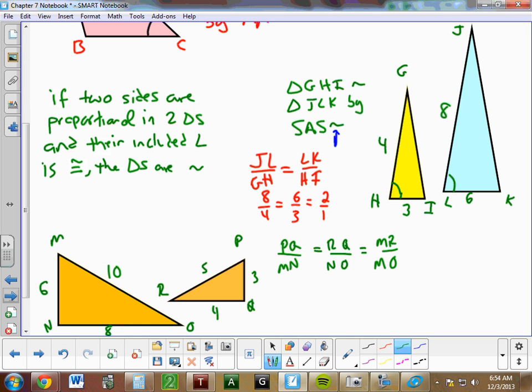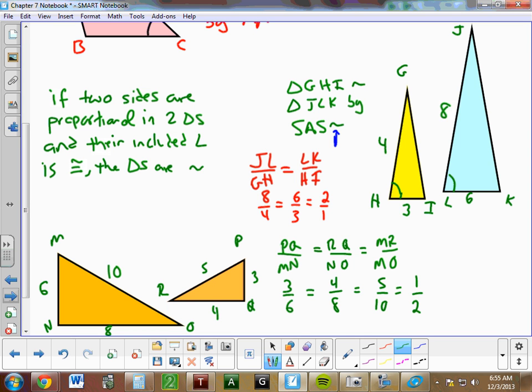So plugging in some numbers and just showing that that's true, you have 3 over 6 should be equal to 8 over 10, 4 over 8, which should be equal to 5 over 10. Those all equal 1/2, so you've shown that they are proportional to each other.